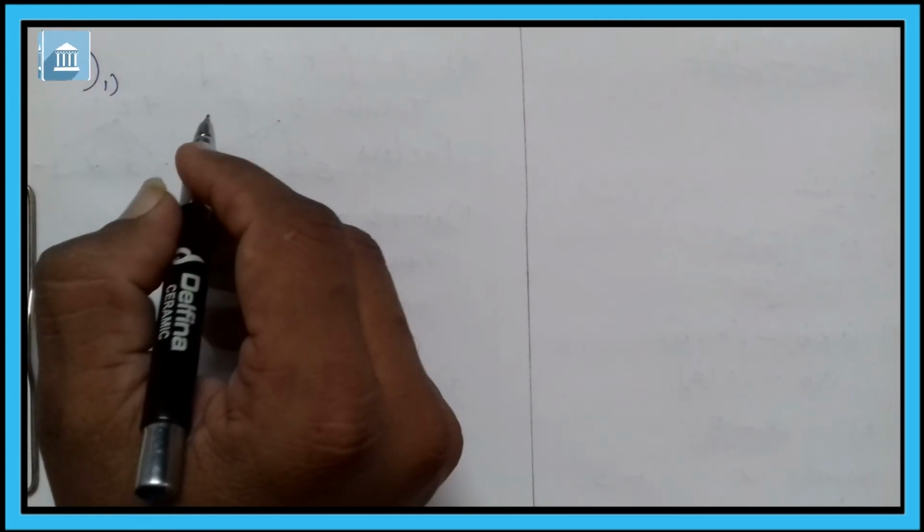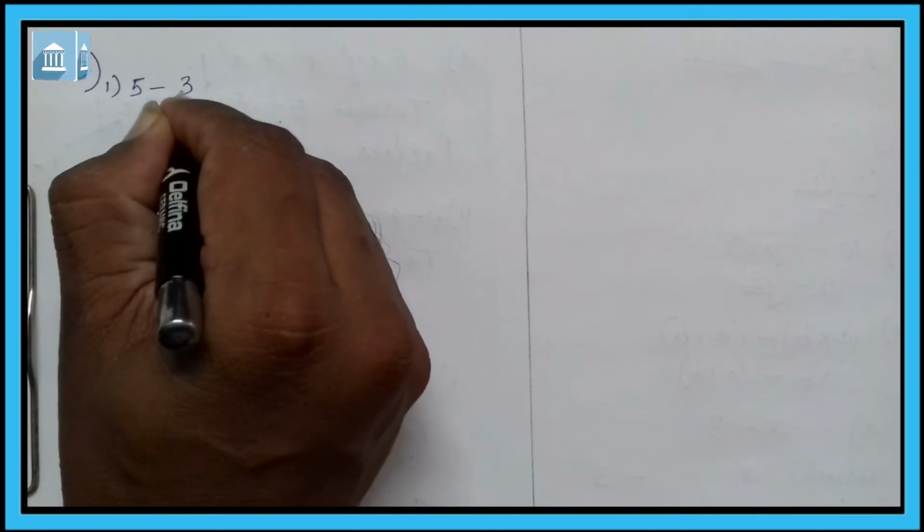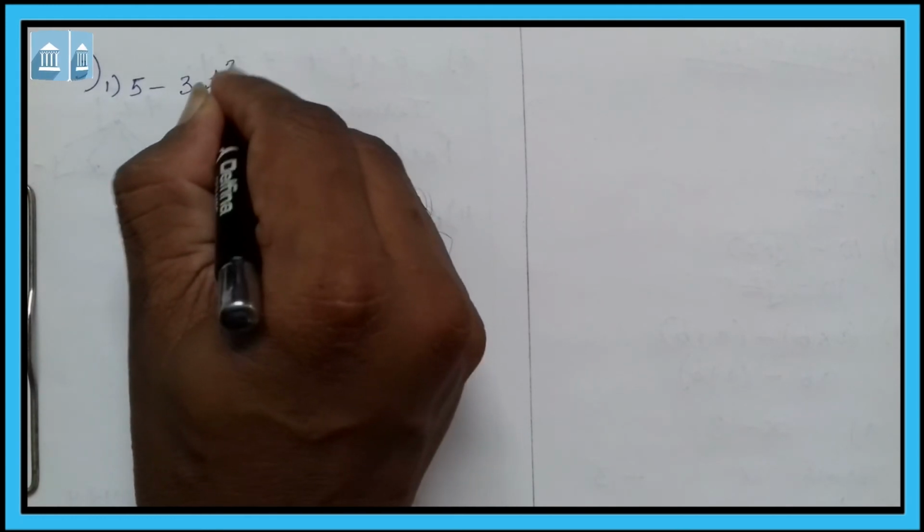Now question number 3 is identify the numerical coefficient of terms other than constant. Means we should not take the constant here in the following expression. We have to find out the numerical coefficient of terms. The first one is 5 minus 3t square.